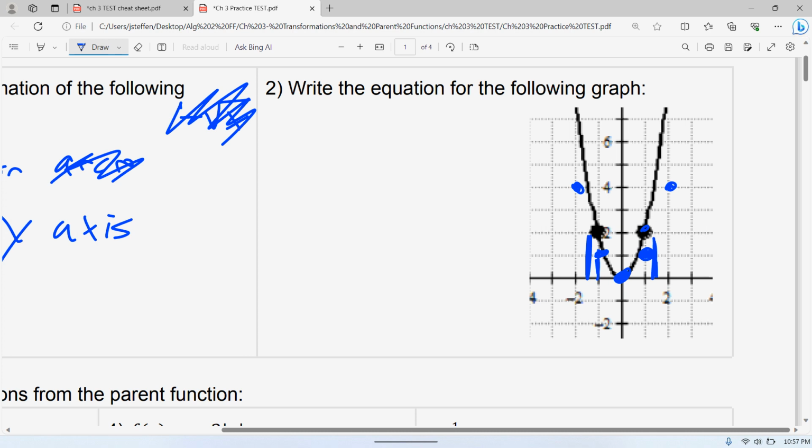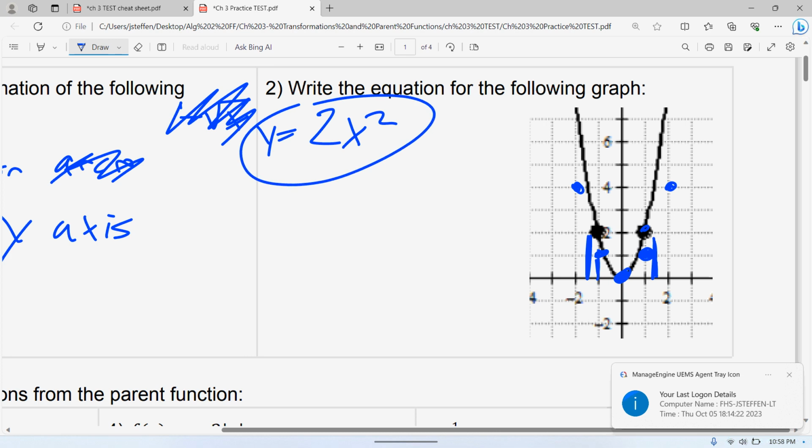Remember, that is 2 different transformations. The 3 is a vertical stretch by a factor of 3. Minus sign in front, the negative, is a reflection across the x-axis.